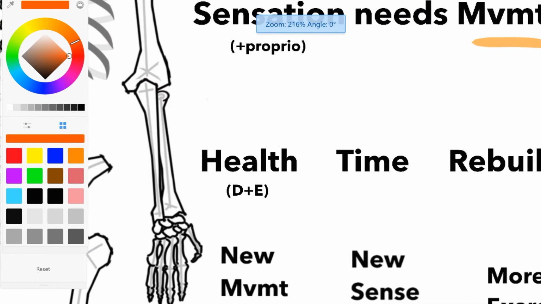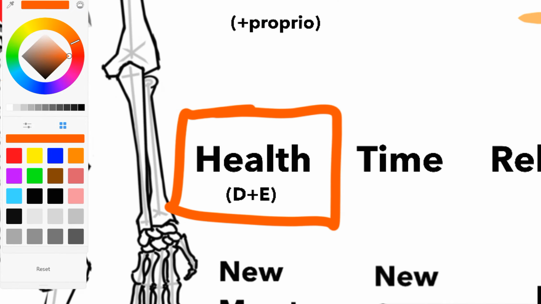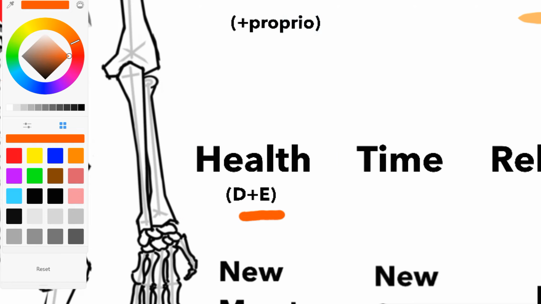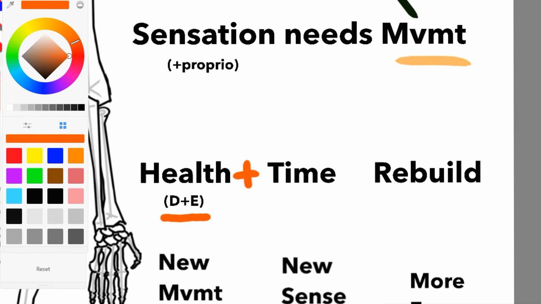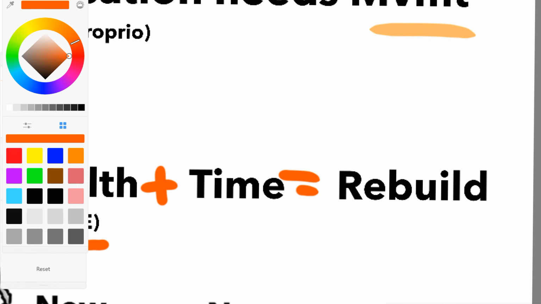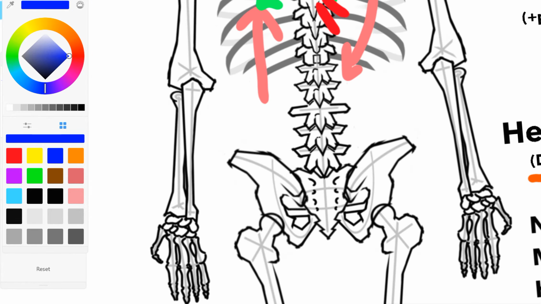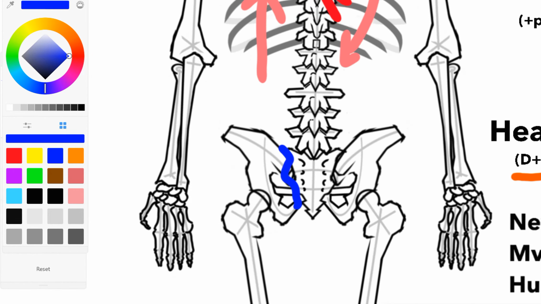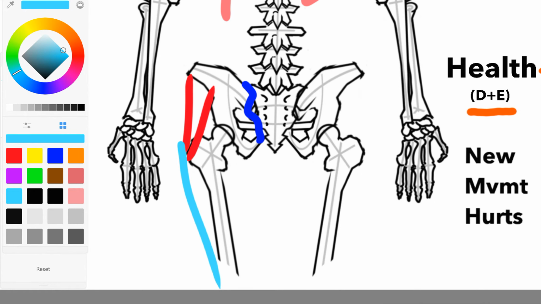Because you do have to understand that though this has happened, our general level of health can be increased. And if you just so happen to have a decent amount of diet and exercise, you can find that over time, that level of health plus our diet and exercise does equal rebuilding, because everything in the human body, every single joint, every single muscular tissue, even the TFL, even that crazy thing, they're all repairing and rebuilding at all times.